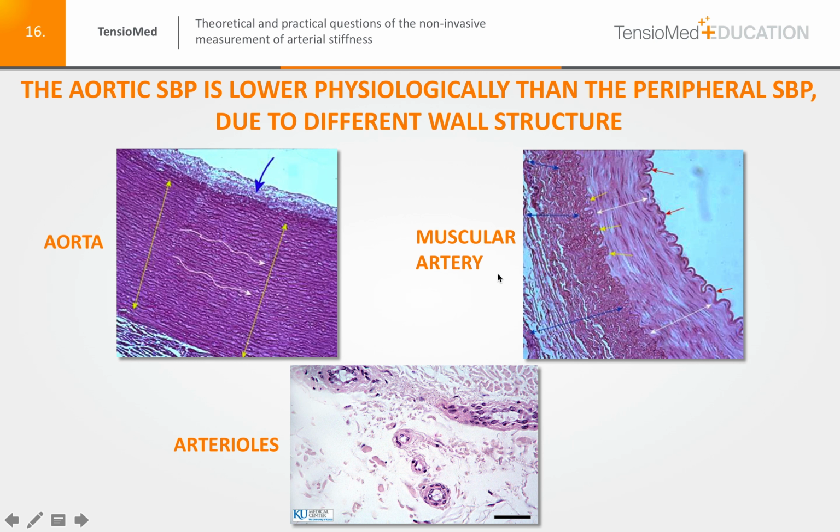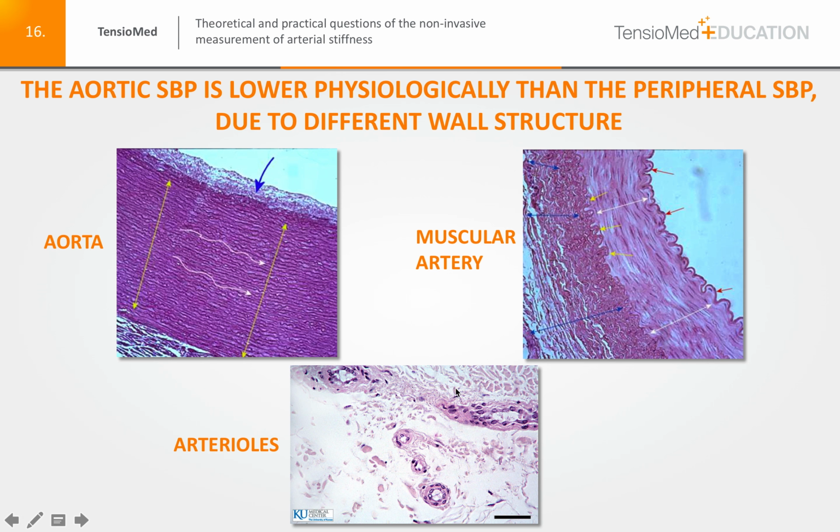In the peripheral muscular type artery, a very thick smooth muscle layer can be found, which makes the peripheral artery much stiffer and less flexible. Thus, to open and dilate a muscular type artery, much bigger pressure is needed than to dilate a very soft and elastic artery such as the aorta.